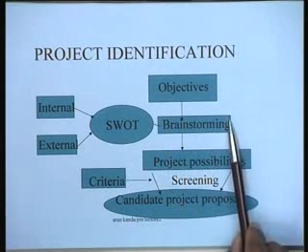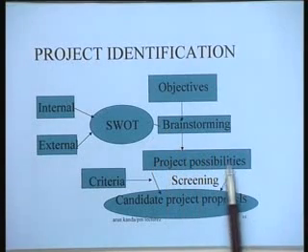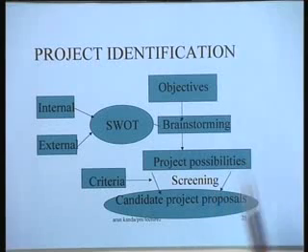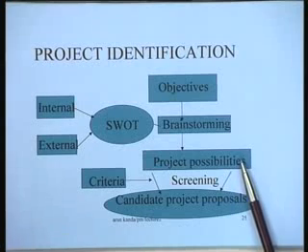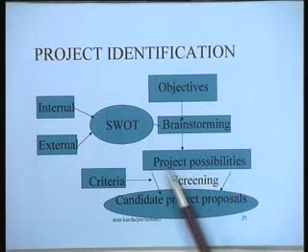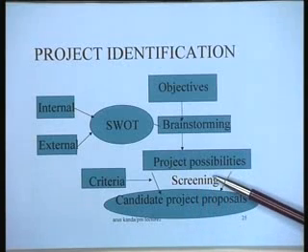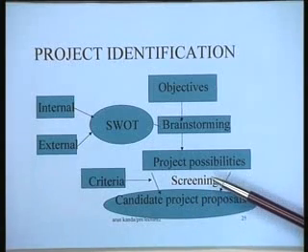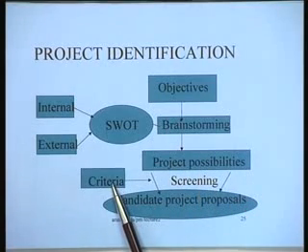The purpose of this brainstorming exercise is actually to identify some project possibilities. So in this example that we did, we identified 8 project possibilities. These project possibilities are then funneled through a screening exercise, and this screening is based on some criteria.